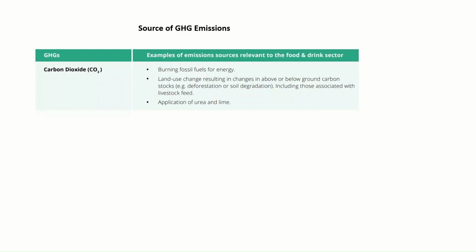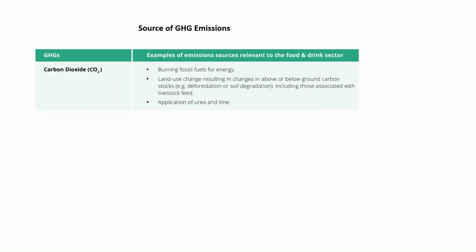The other one, as I talked about earlier, is land use change. Whenever we change the land for farming, or to set up a building or a manufacturing unit, that releases some amount of carbon dioxide from the land into the atmosphere and creates problems like climate change.